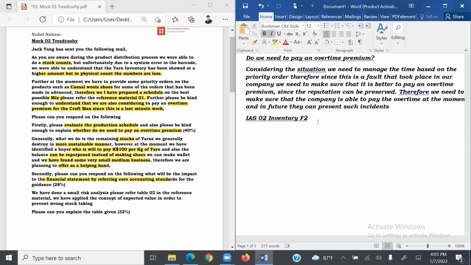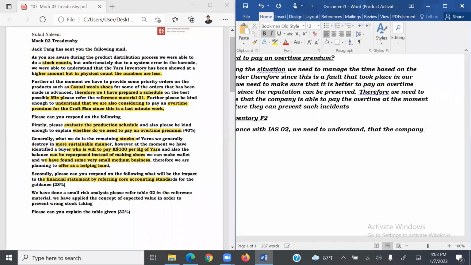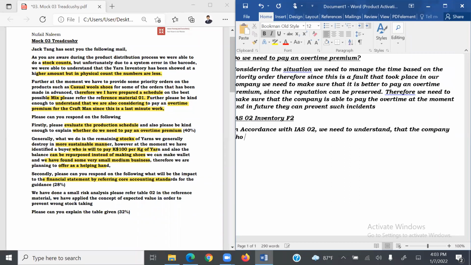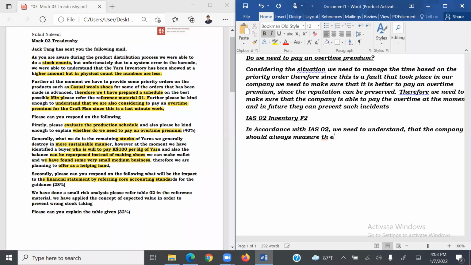Students, let's write down the point here. In accordance with IAS 2, we need to understand that the company should always measure the inventory at the lower of cost or NRV.